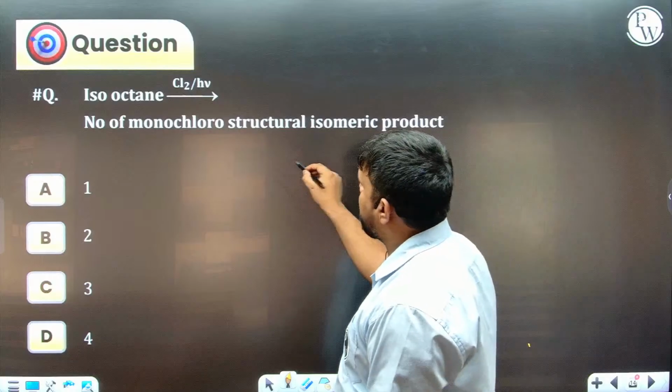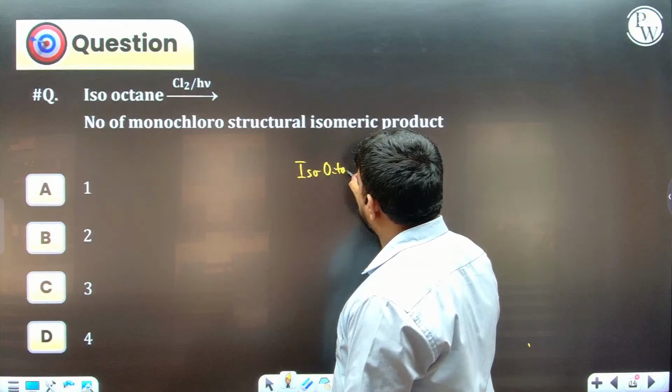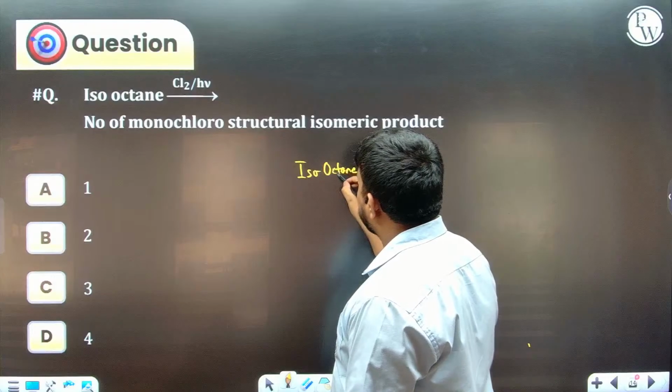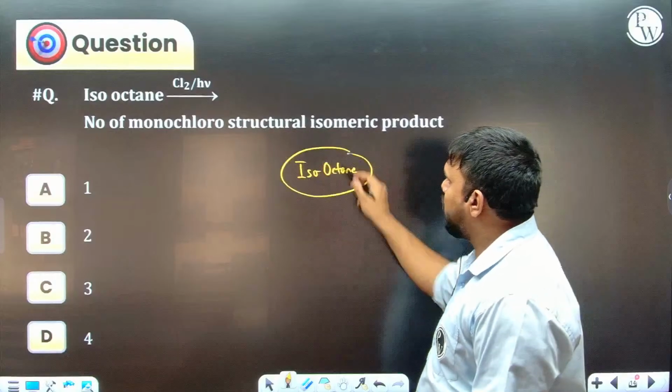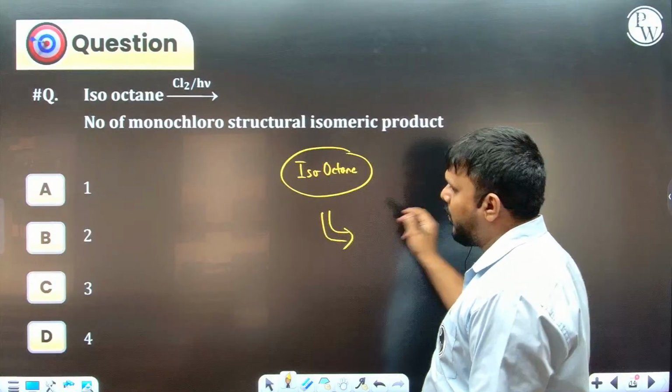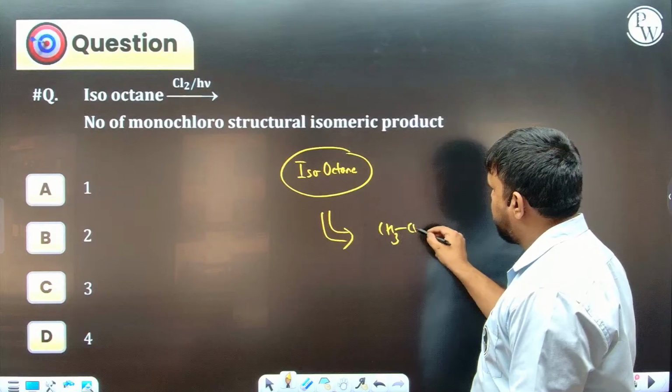So let us draw isooctane, and this is the very big exception that students have to remember. What is the structure of isooctane? It is a very important molecule that you have to remember.